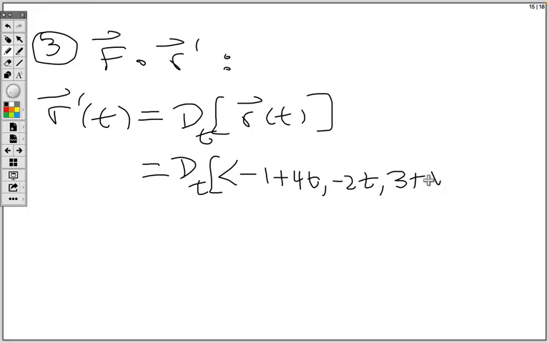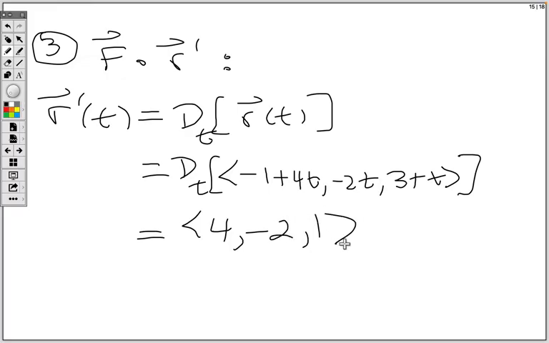Yep, component-wise. So the derivative of the x component here with respect to t, that's just going to give me what? 4. And then I'm going to get negative 2, and then I'm going to get 1. All right, so no big surprise here. It's a line. The derivative of that linear function is just going to be the delta x, delta y, delta z. Okay, so there it is.